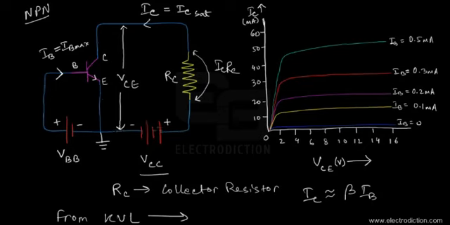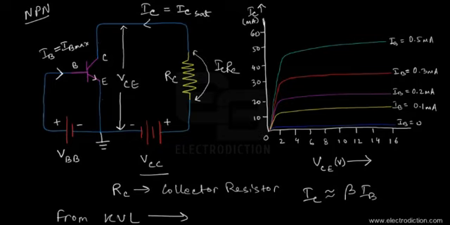Okay, so under this sort of situation, what will happen is that the BJT being forward biased, it'll just provide a continuous path for the current to flow through itself. So it just becomes a shorted circuit component right now. So the entire voltage drop would occur across the RC resistor connected right over here.